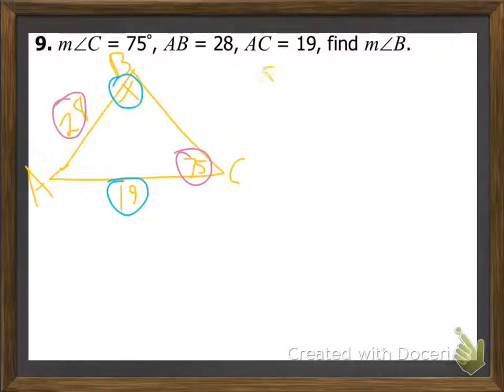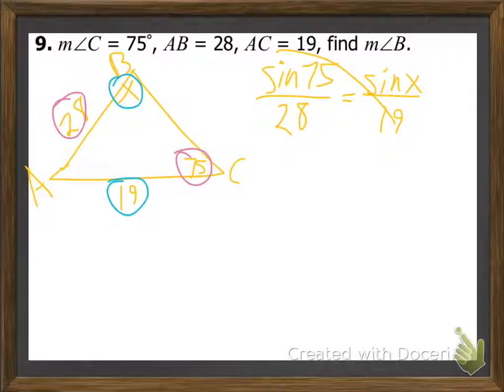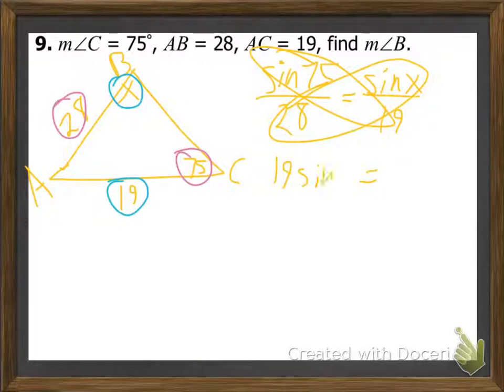So we're going to have sine of 75 over 28, and that's going to be equal to sine of x over 19. So cross multiply, and you're going to end up getting 19 times the sine of 75, and that's going to be equal to 28 times sine of x.